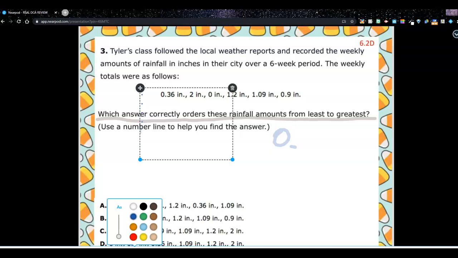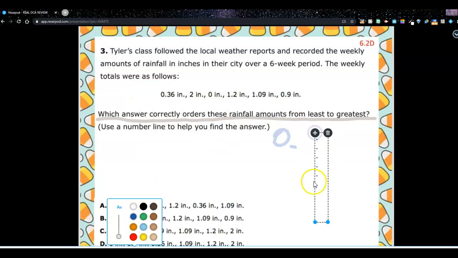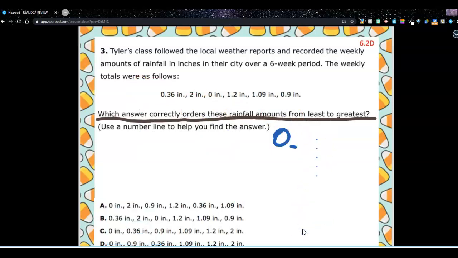That doesn't take too long. Okay, so that worked out okay, I guess. So I'm going to bring my decimals over here. They're kind of small, though. You can make the text bigger.